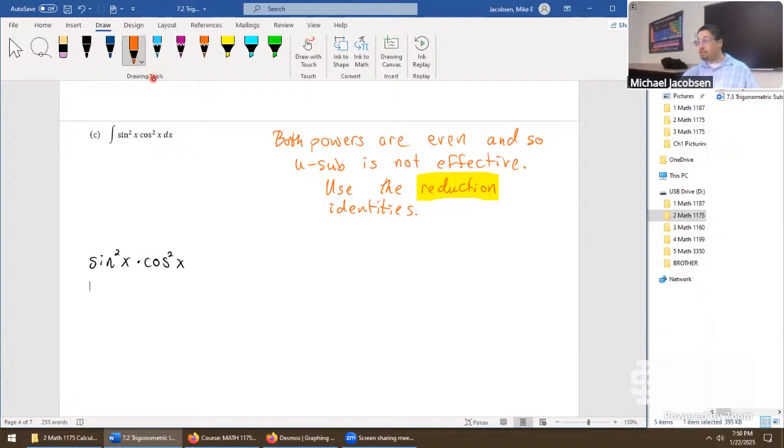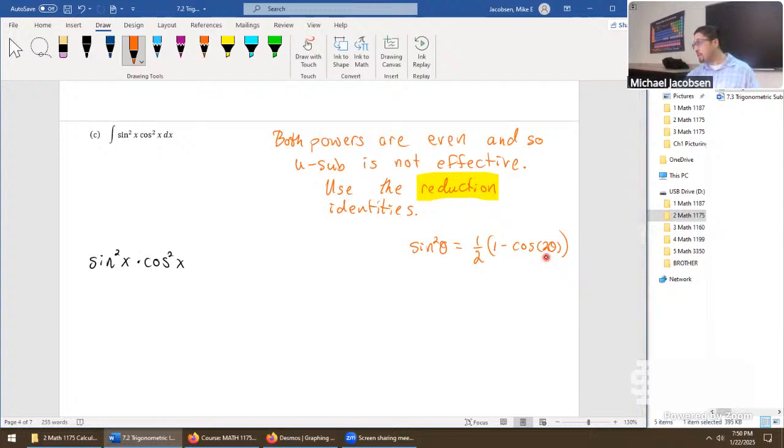Let's write those identities down on the right. Sine squared of theta, if we decide to use theta in our identity, is equal to 1/2 times 1 minus cosine 2 theta. So the feature with this identity is the power is divided by 2, but the input, the angle, is doubled when we go to use this reduction identity.